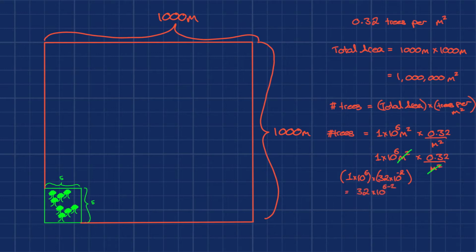So 1 times 32 is simply equal to 32. And then we add the exponents for the 10 to the power of. So 10 to the power of 6 minus 2. 6 minus 2 is 4. So we get 32 times 10 to the power of 4. So you just put 4 zeros on the end of that, right? Which gives us 320,000. And so that's the number of trees on the block, 320,000.